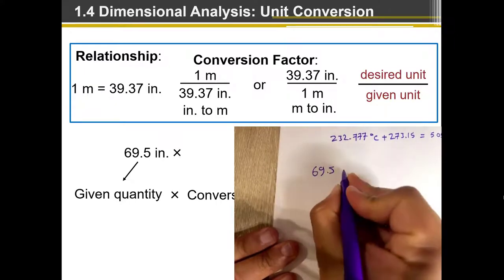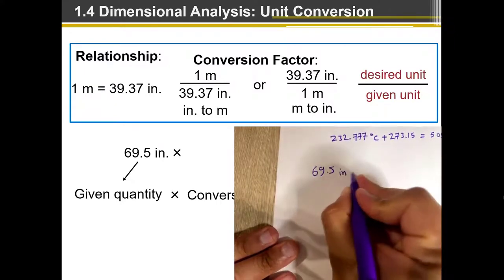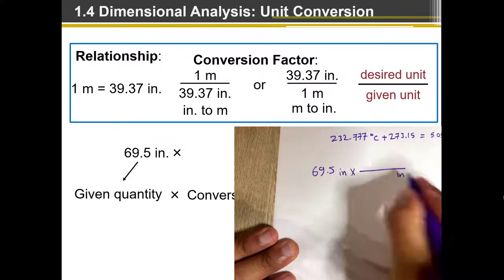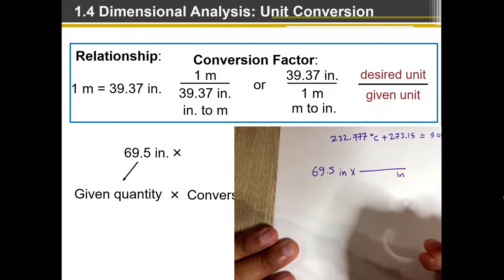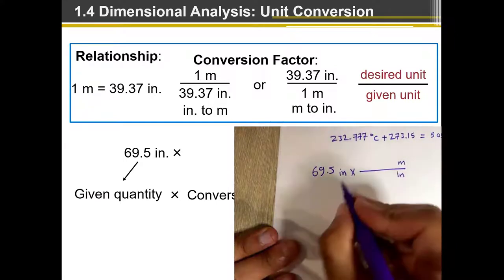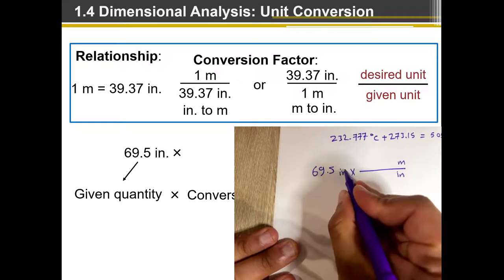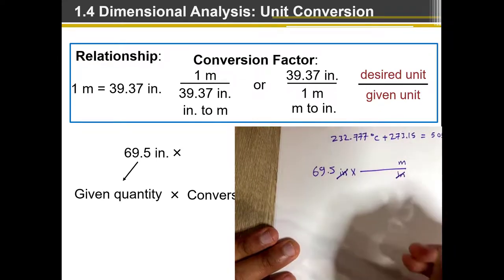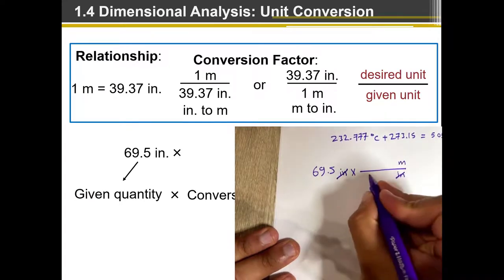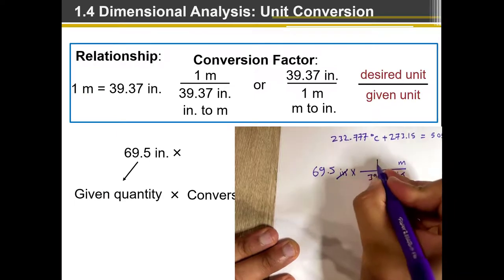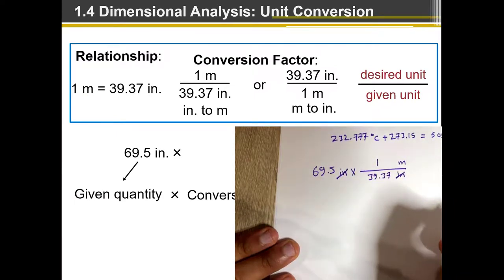Say you take 69.5 inches. The conversion factor that you will use has to have inches, the given quantity, in the bottom, and meter, the desired quantity, on top, so that when you carry out the calculation, it's going to cancel out inches with inches and leave you with the desired quantity. So it's going to be 39.37 inches for each 1 meter.